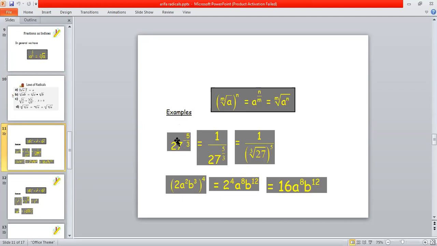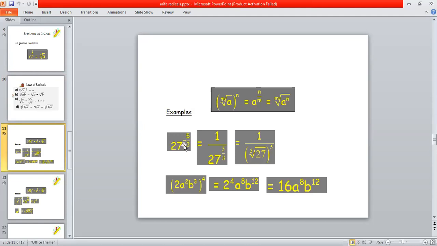So there is an example, 27 to the power minus 5 by 3. Here the power is negative, and we discussed earlier in the laws of indices that if the base has a negative power, first of all you convert this negative exponent into a positive exponent.